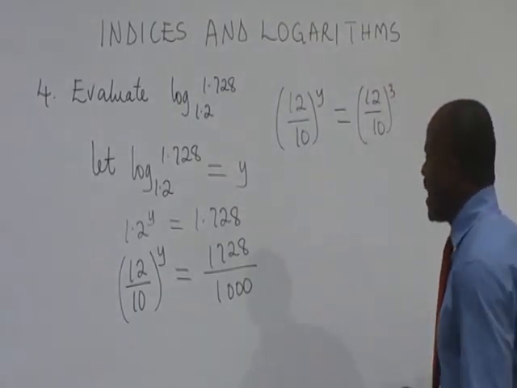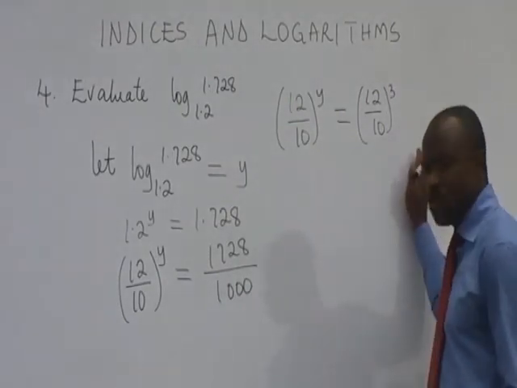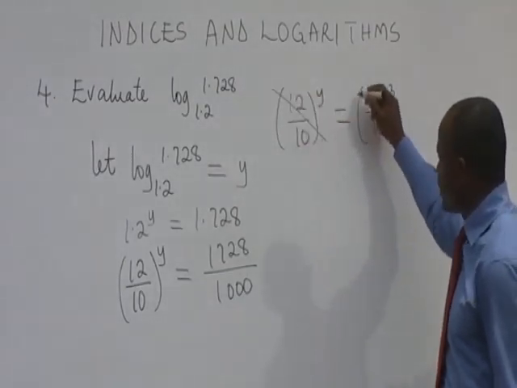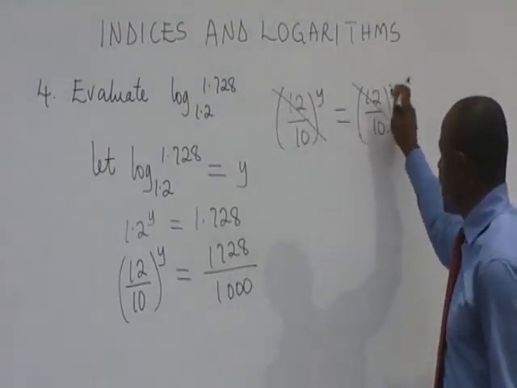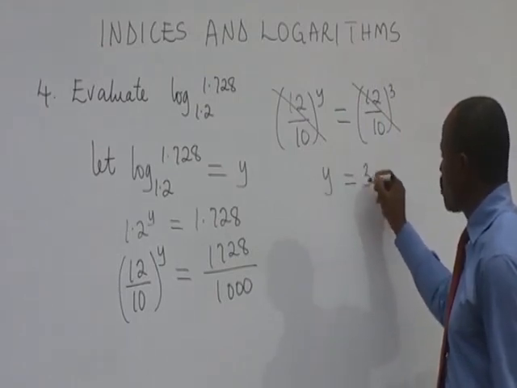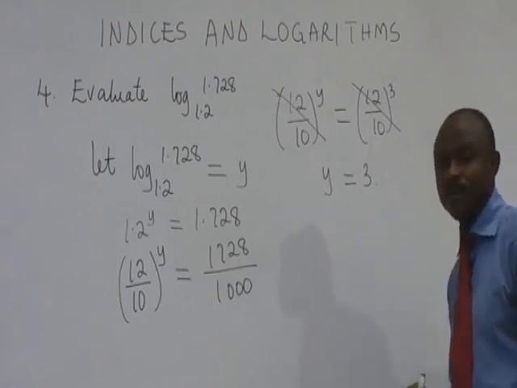You have succeeded in having the same base on the left hand side of the equation as you have on the right hand side. You can cancel the base and equate the index. The index you have left is y is equal to 3. And that has brought you to the end of that question number 4.